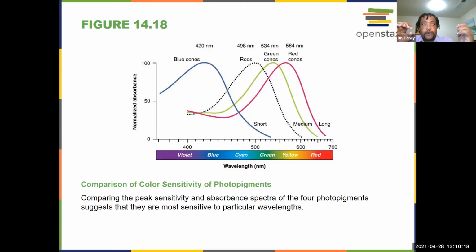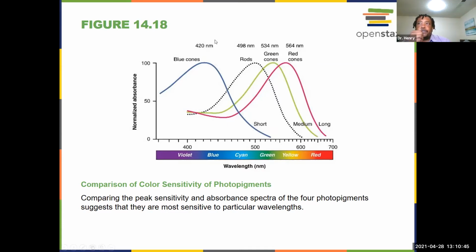White light can be diffracted into each of those individual colors of light. Those individual colors are at different wavelengths, and that represents that particular color. So the opsins are able to capture certain wavelengths. We have the blue opsin, which is out in the blue cones.